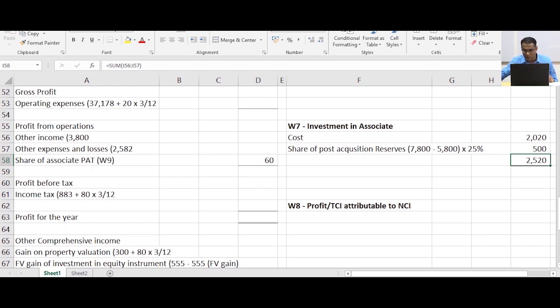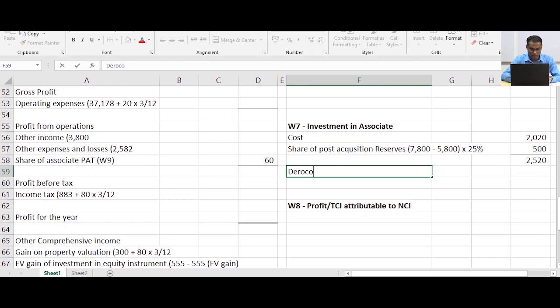So what I am going to do is take this out from here. That means I am going to de-recognize this investment in associate, because from here onwards there is no associate anymore, right? It would become a subsidiary. I can say de-recognition of associate, or else transfer this balance to purchase consideration.